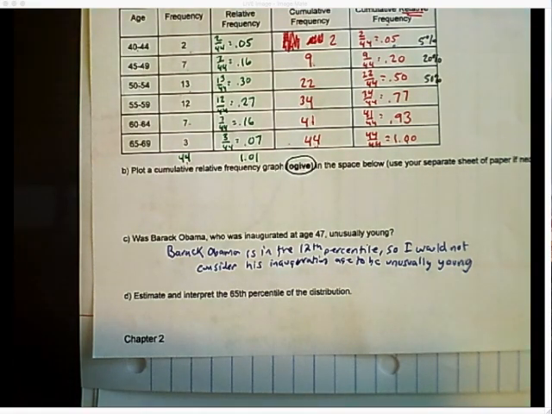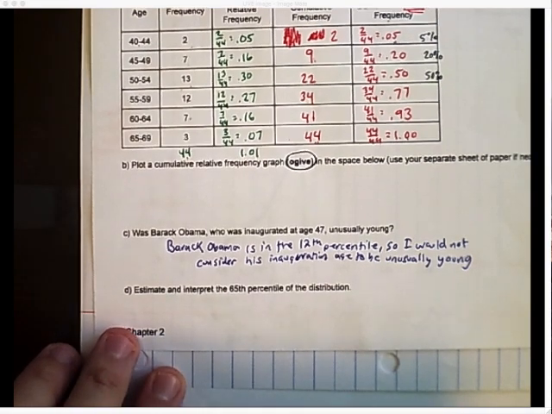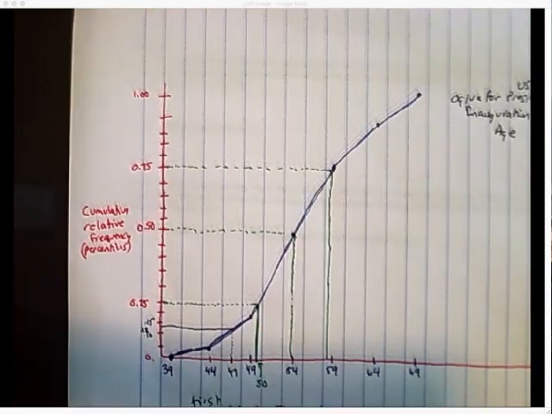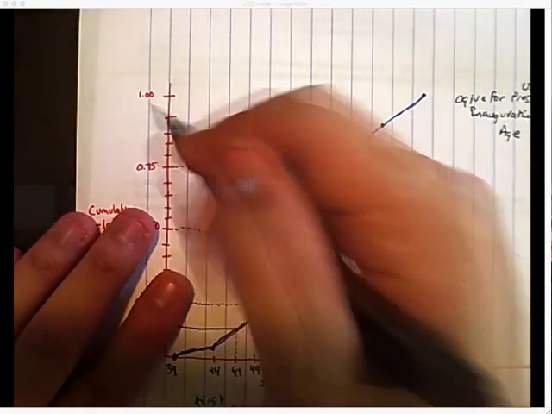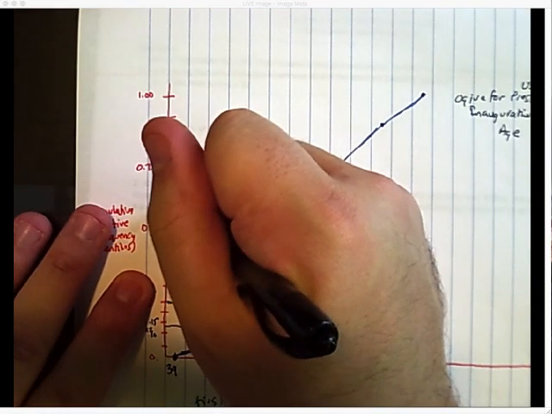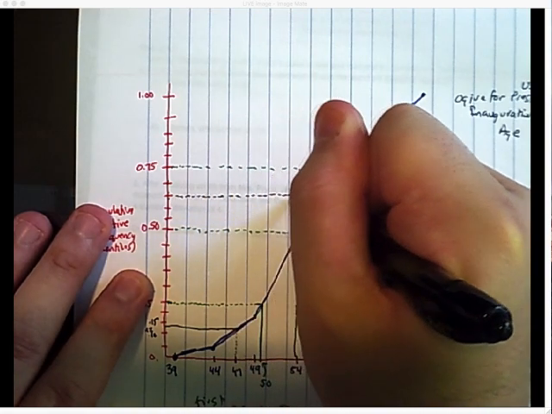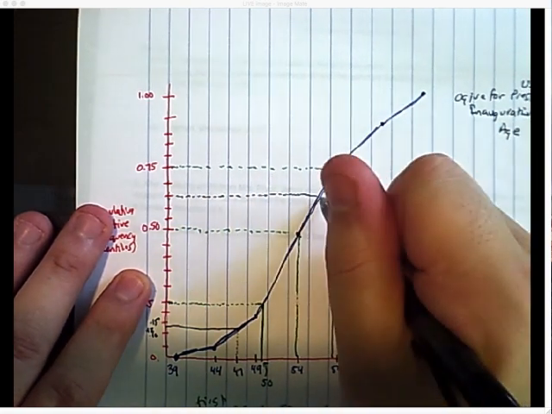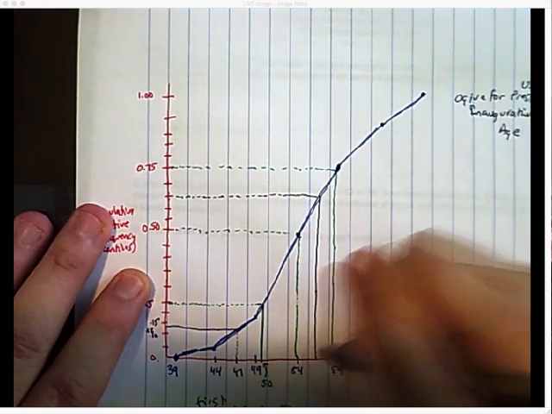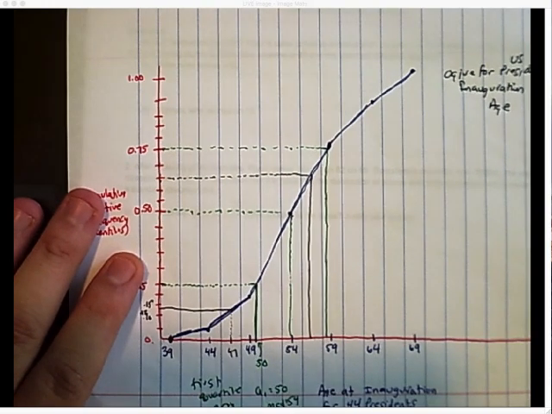Now the last question on this exercise. Estimate and interpret the 65th percentile. So let's go back to our ogive. We can take the 65th percentile, that's 75, that's 70, that's 65. Okay, take that across until it hits the ogive. Okay, and then take it down and let's just estimate. To me that looks pretty close to the middle between 54 and 59.